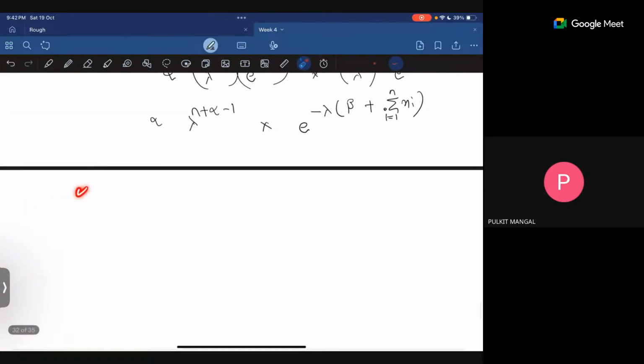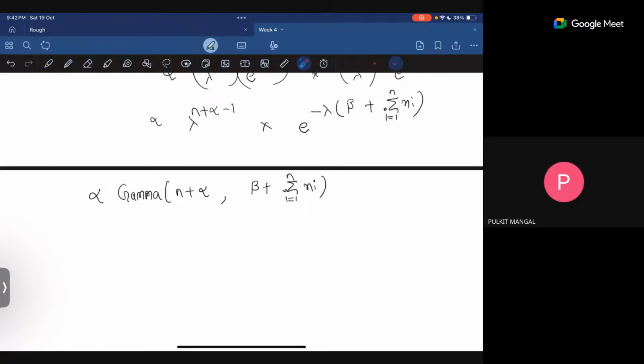This is your gamma distribution, so it would have parameters n plus alpha and beta plus summation i equal to 1 to n xi.